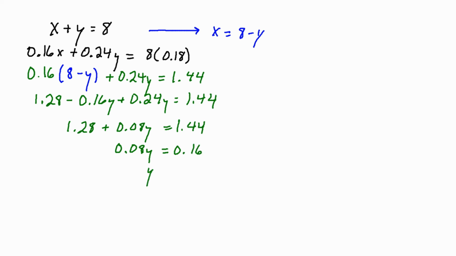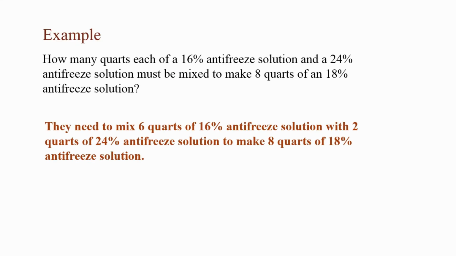Divide both sides by 0.08 and y equals 2. Using x equals 8 minus y, x equals 8 minus 2, which is 6. They need to mix 6 quarts of a 16% antifreeze solution with 2 quarts of a 24% antifreeze solution to make 8 quarts of an 18% antifreeze solution.